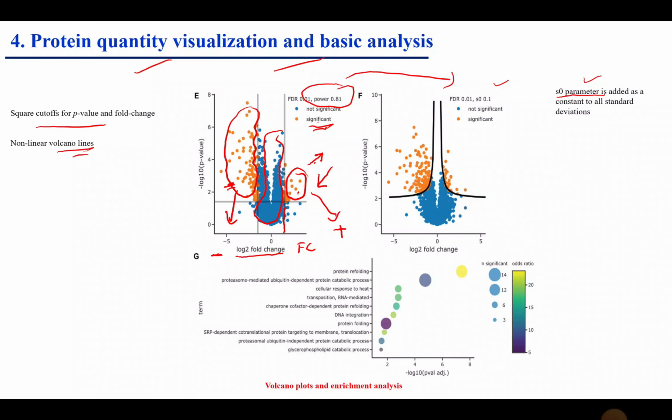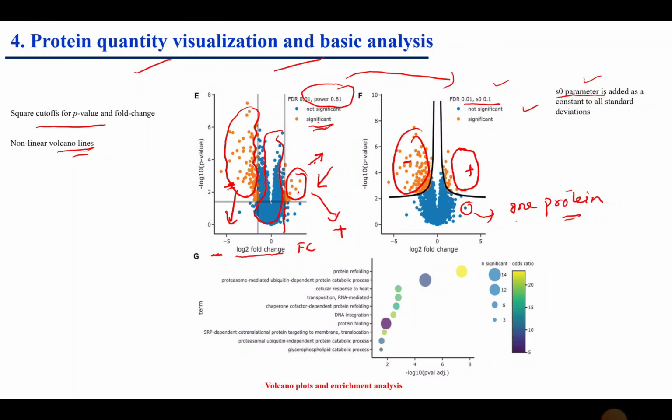Here we have the significantly positively correlated and here the significantly negatively correlated proteins, and each dot represents one protein.